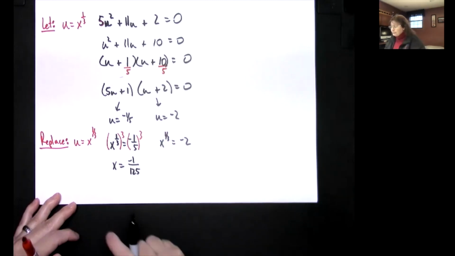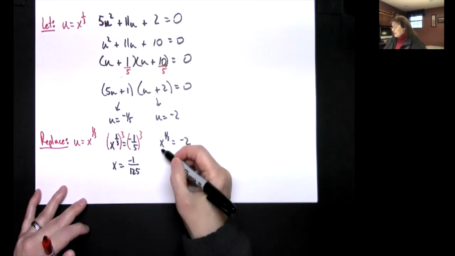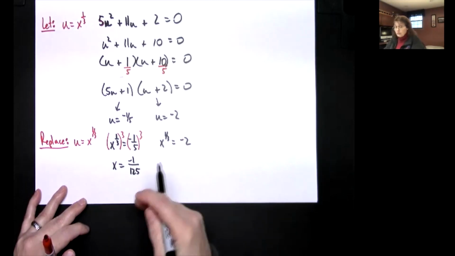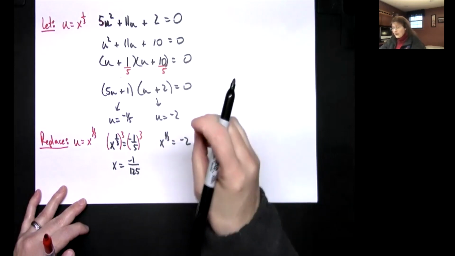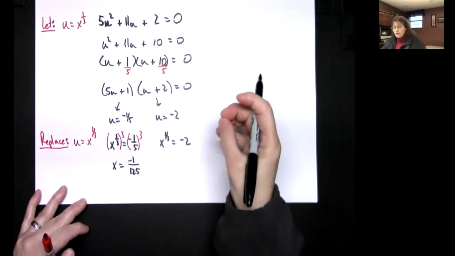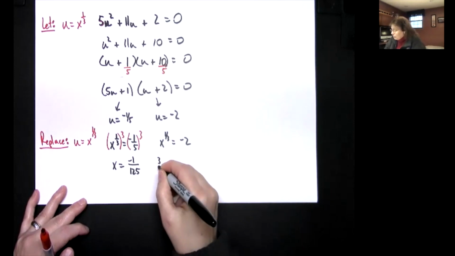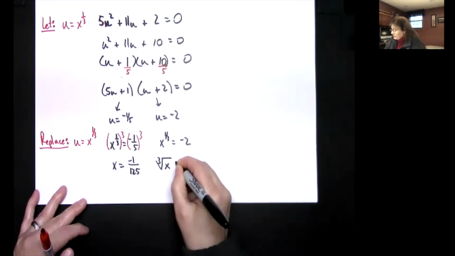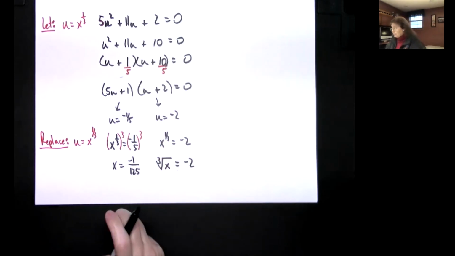If that doesn't work for you, you can take this: it's x to the 1/3 power. It's a fractional exponent, so I can convert to radical form. I could make this the cube root of x is equal to negative 2, like from that chapter a couple chapters ago.